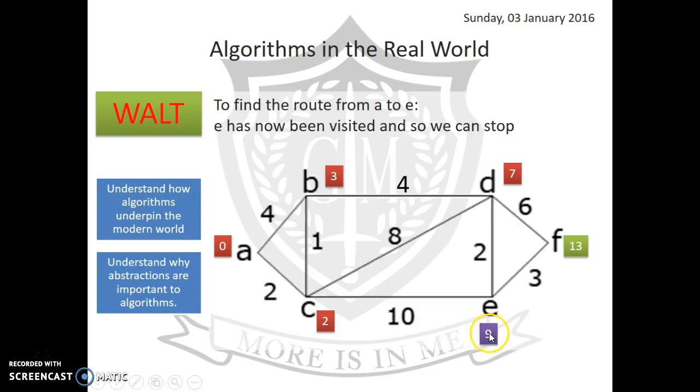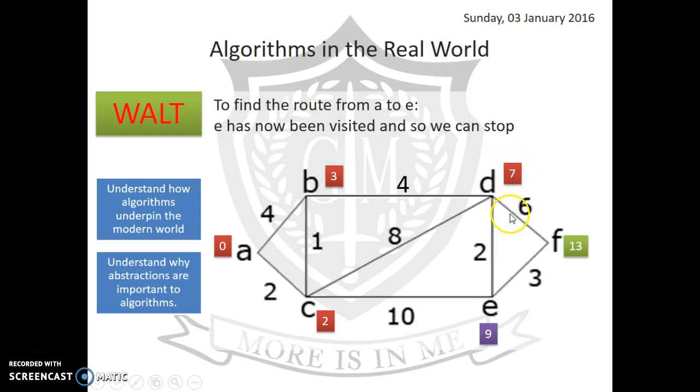To trace it back, what we have to do is look at all the edges here and find out, if we take away the edge value from our current value, if the result is equal to the new node value. So we can tell that because 9 take away 2 is 7, this must be the shortest path.